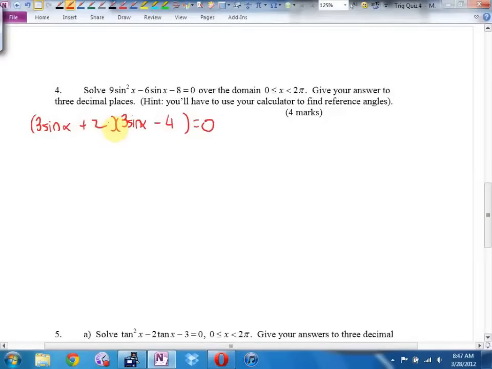Is that right? It's a little bizarre. What am I going to get for roots? I'm going to get sine x equals negative 2 over 3, and sine x equals positive 4 over 3.